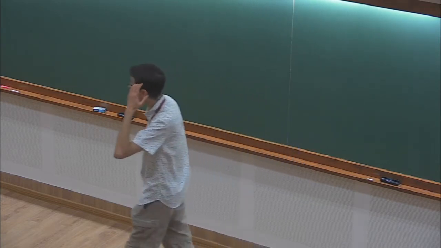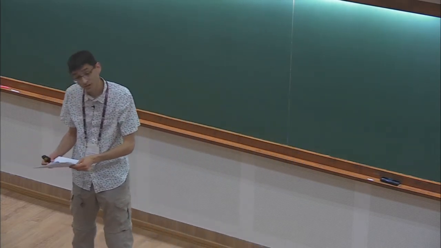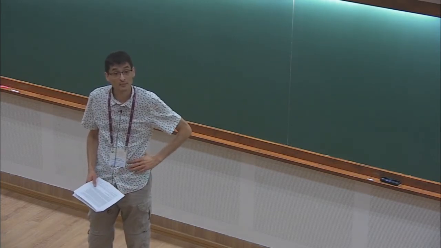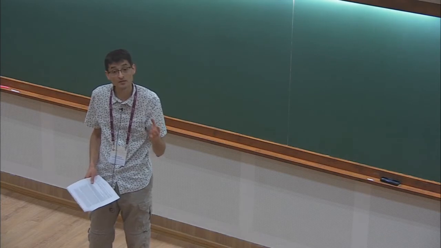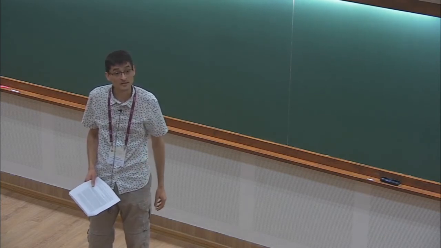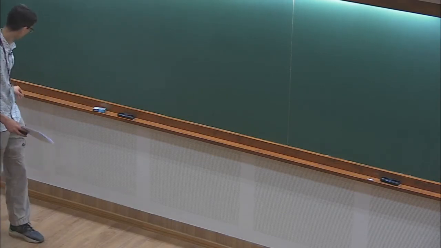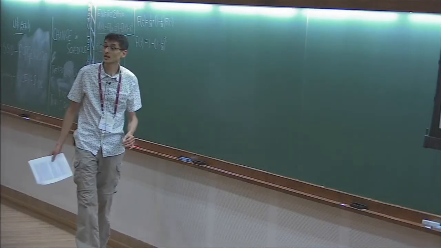So the first of those is fluctuations in population size, right? The ideal population assumes that the population size is constant. So what about if the population is changing in size?